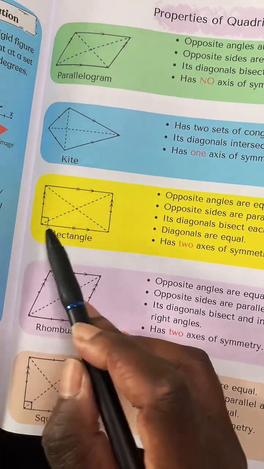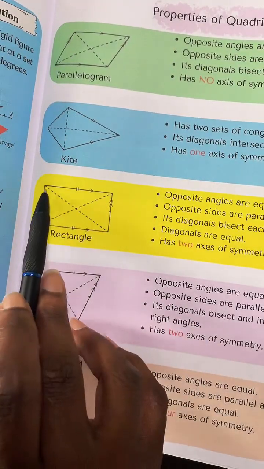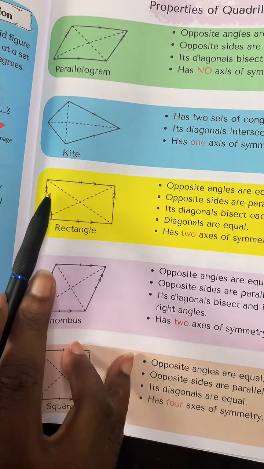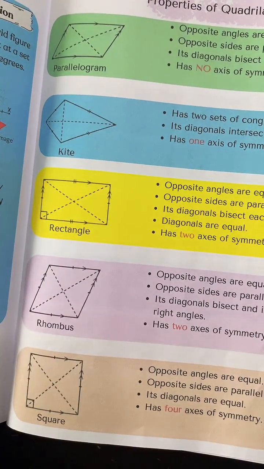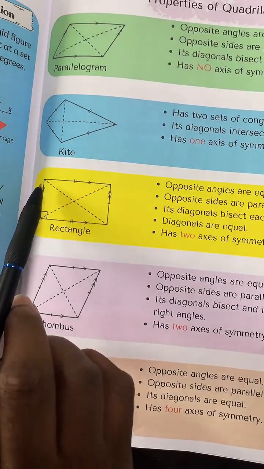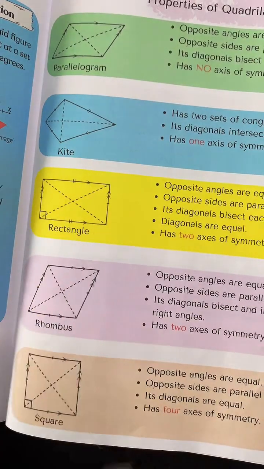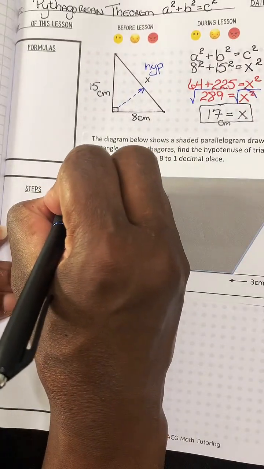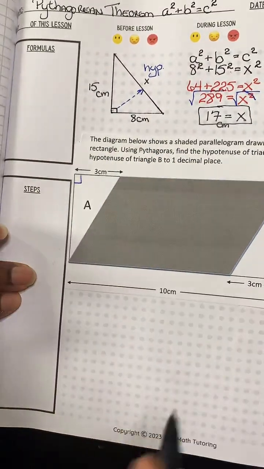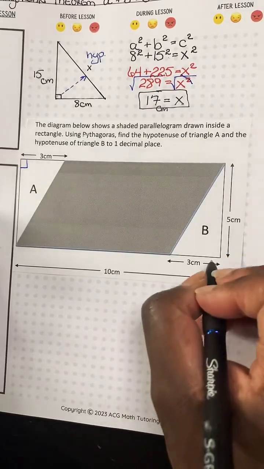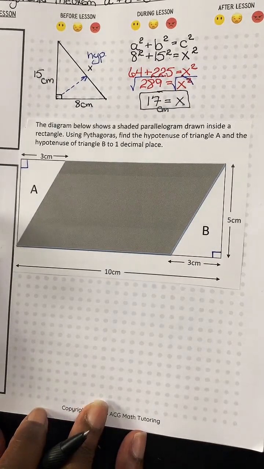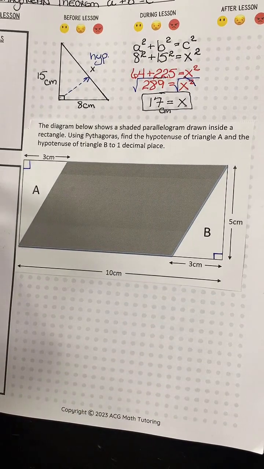It also gives me 90-degree angles, which is what's missing. So this part is a 90-degree angle, as well as this part. So we can pull some information.